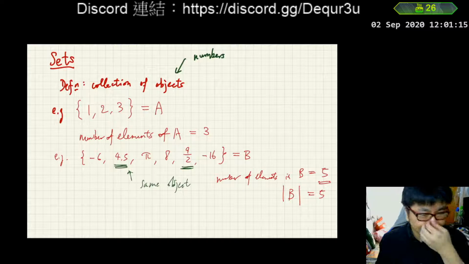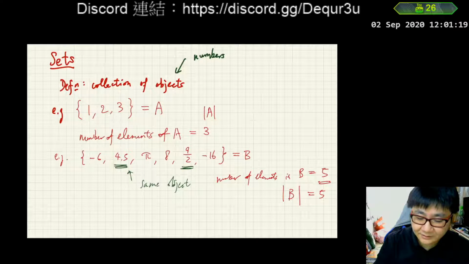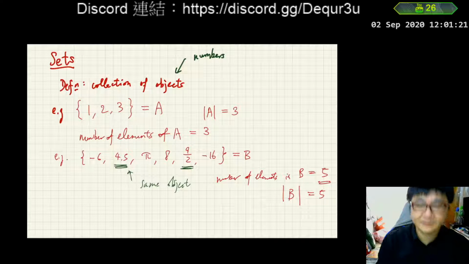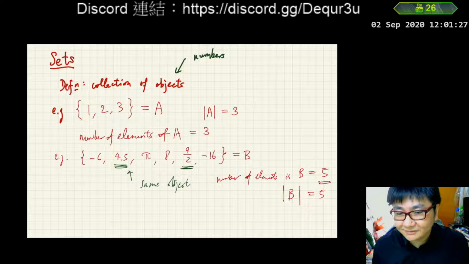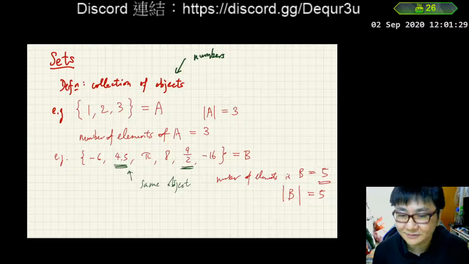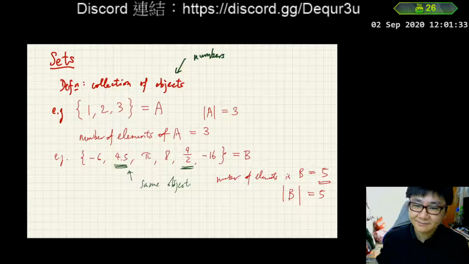Then it means the number of elements in a set. And in the first example, we can also write the number of elements of A is 3. Okay, so just a notation. So two same things are counted as one element only. Yes, that's right. That's right. So it is to answer in the chat room. Okay, two same things are counted as one element only.